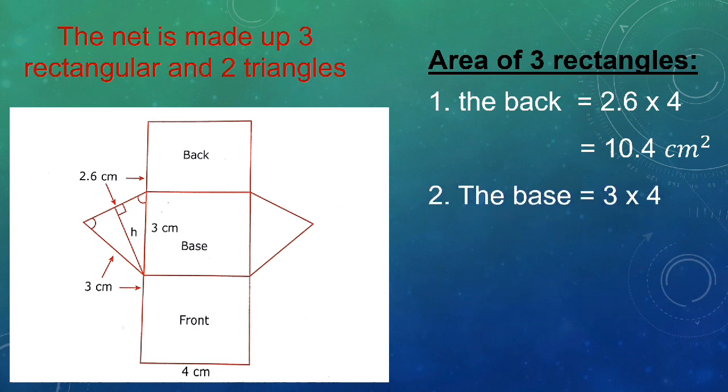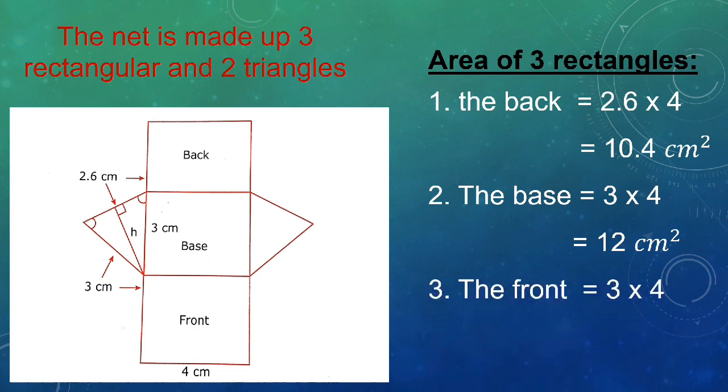And next, we will solve the base. Okay, our length is 3 and our width is 4. So we have 3 times 4 is 12 centimeters squared. Next, we will solve the front. Okay, the length is 3 and the width is 4.